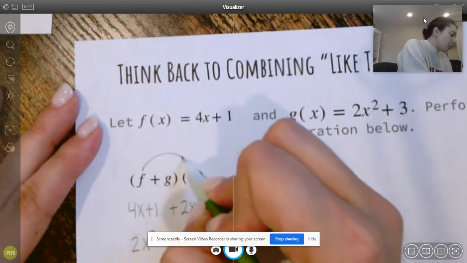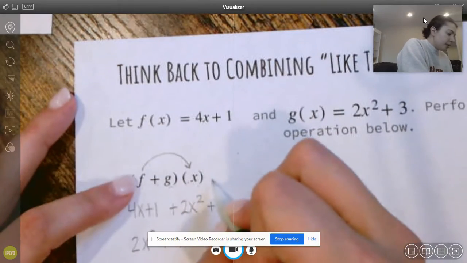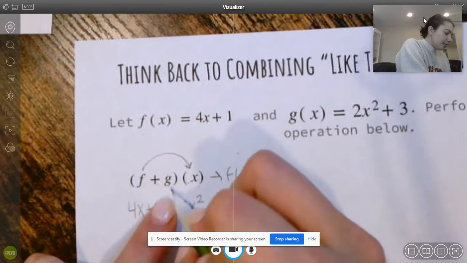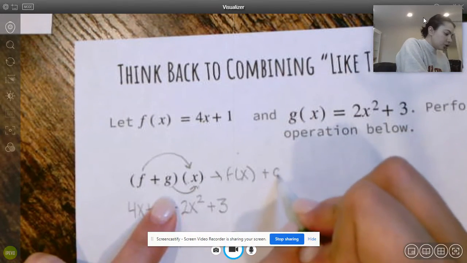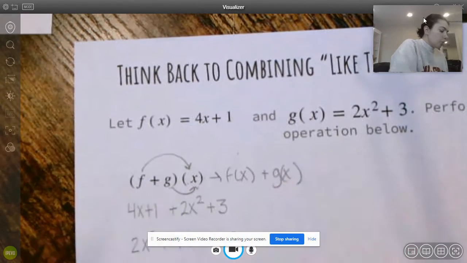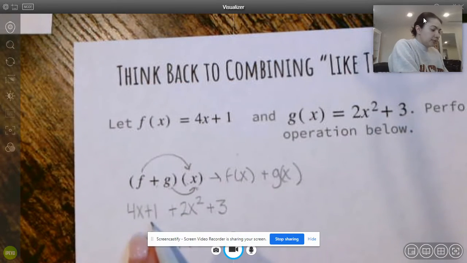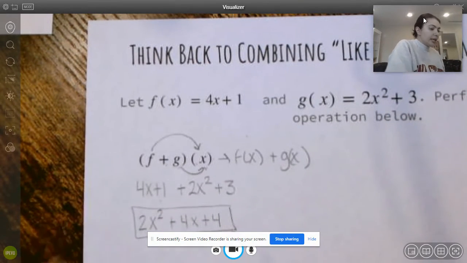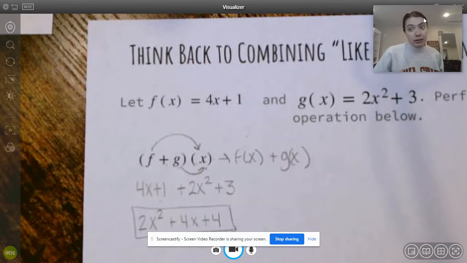So if you think about multiplication, f times x is f of x, and g times x is g of x. f of x is 4x plus 1, and g of x is 2x squared plus 3. So we're actually getting the same answer. It's written a little bit differently, but we are getting the same answer.